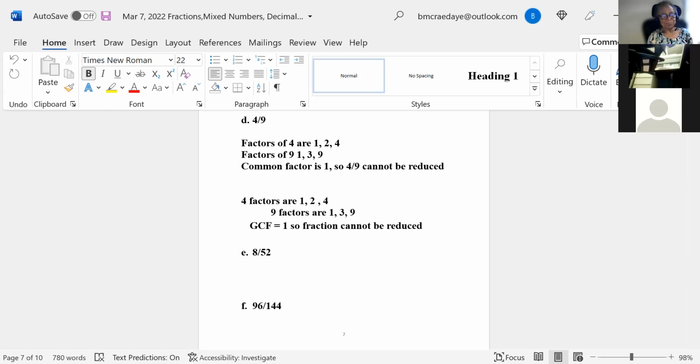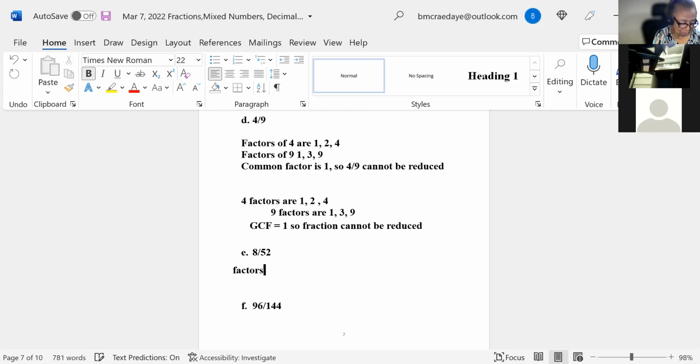Now, are you going to use mental math or are you going to do the common factors? How would you do this one? Are you going to do mental math or list the factors? I was going to list the factors. Okay, all right. So let's start with 8.